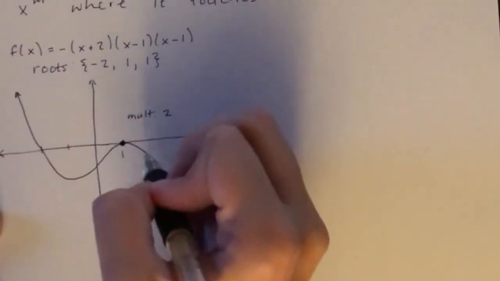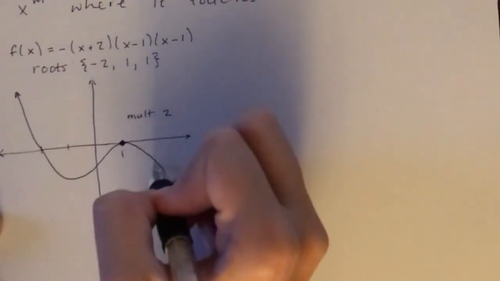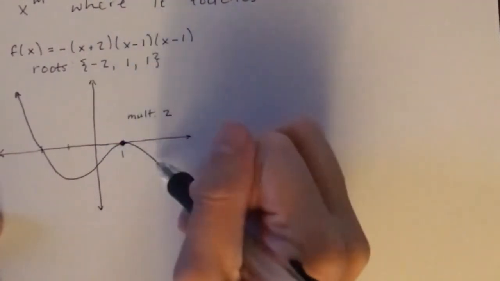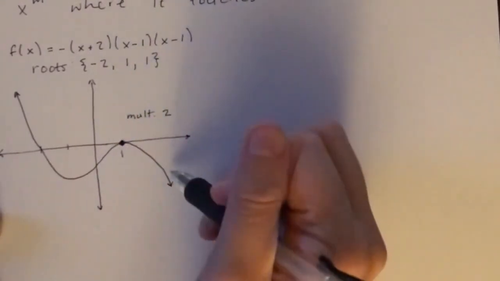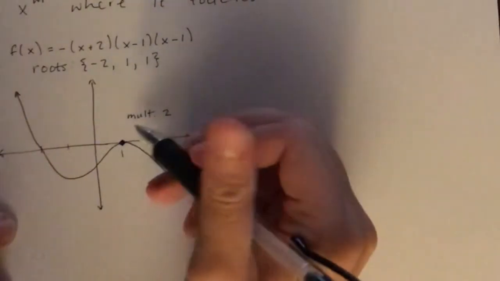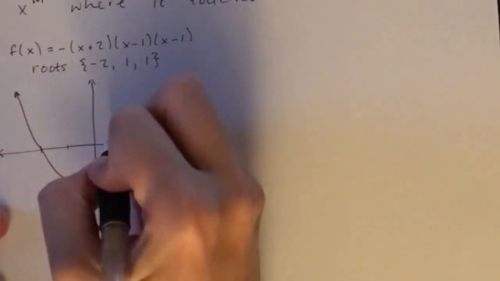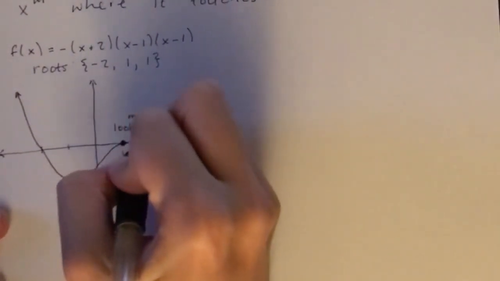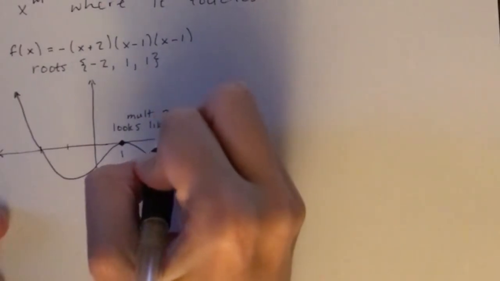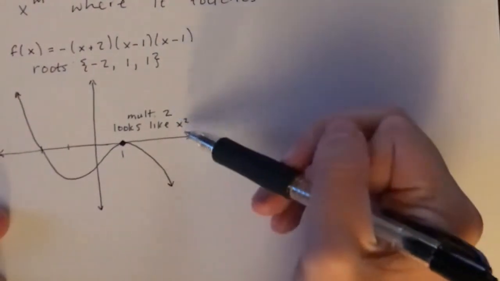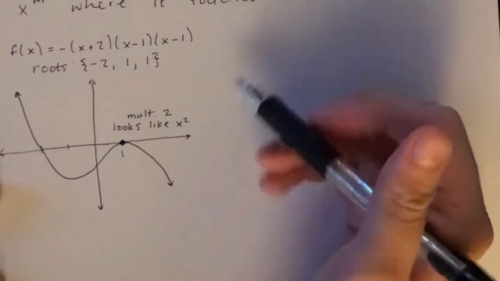It's bouncing off the x-axis, and it kind of has a parabola shape, right? Parabolas are the shape of quadratic functions, which are x squared. Looks like x squared, right? Multiplicity 2 looks like x raised to the 2.